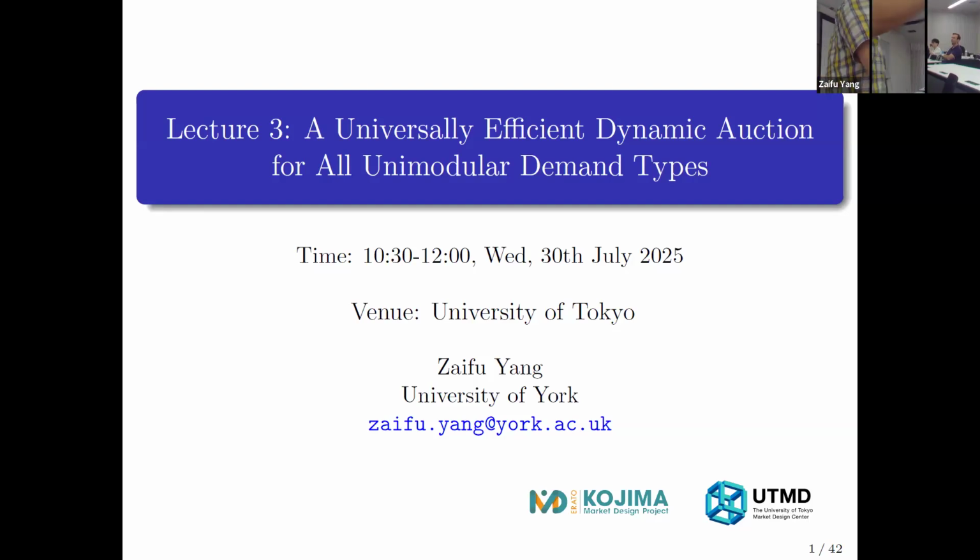So now we design a dynamic auction which can always converge to a competitive equilibrium and also generate the VCG outcome. And more importantly, we can prove that sincere bidding will be an ex post perfect Nash equilibrium.